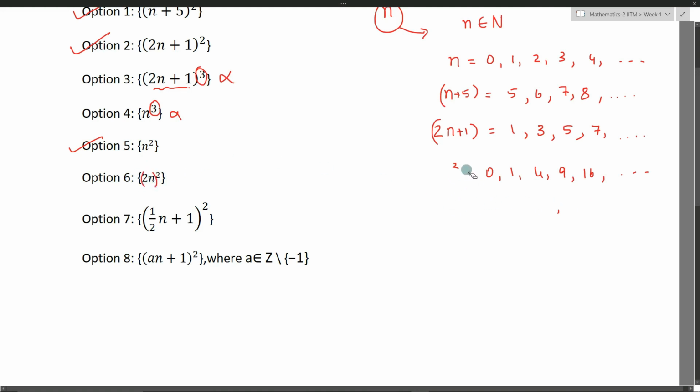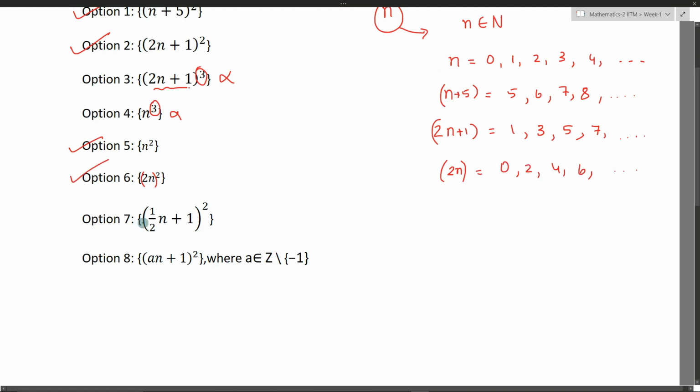Since the indexes are the same, I'll consider 2n again. What will be 2n? 0, 2, 4, 6, etc. The set of even numbers, right? So again, this option is also correct because this is a subset of n.